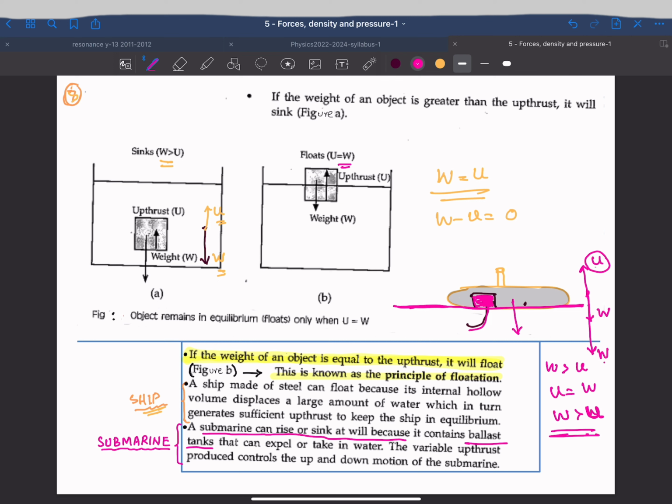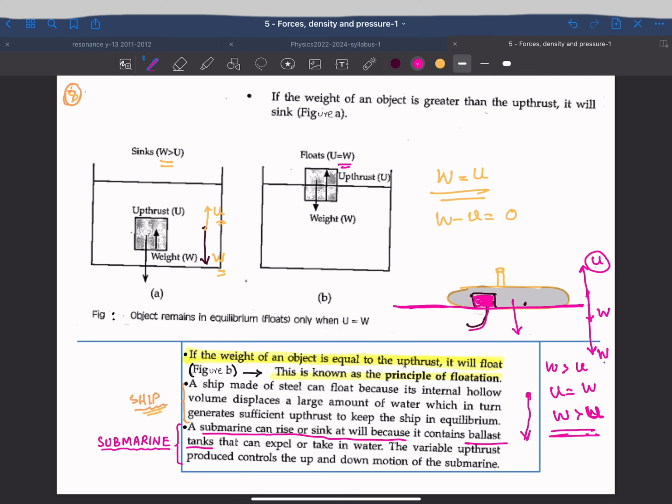When the weight increases, the submarine starts sinking, and if you are pushing the water back into the sea, the weight of the submarine will start decreasing.